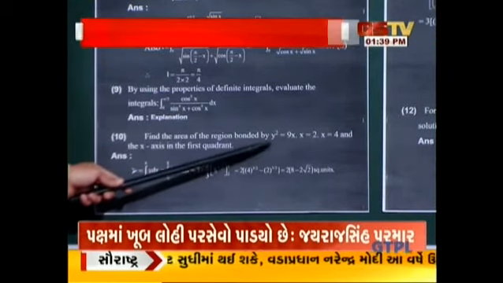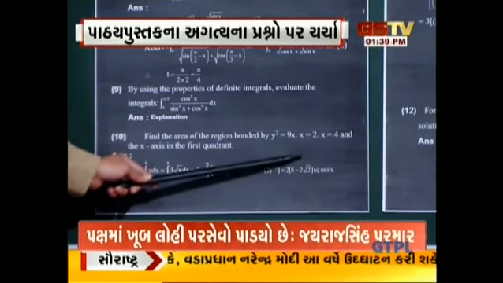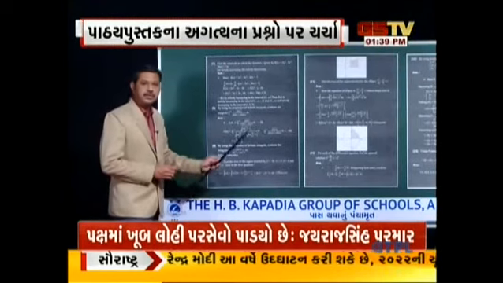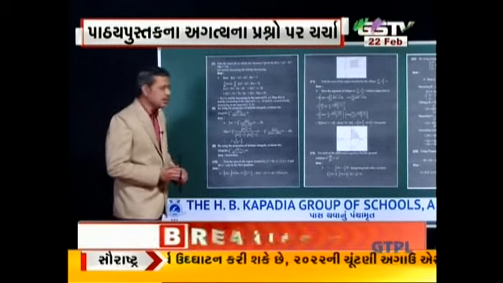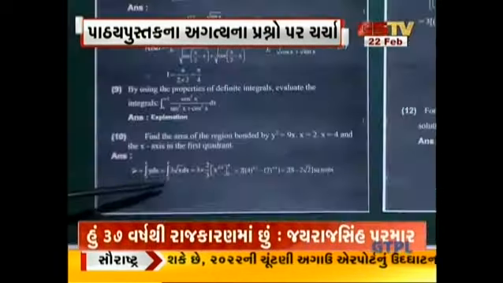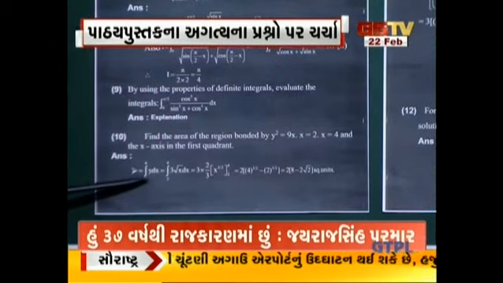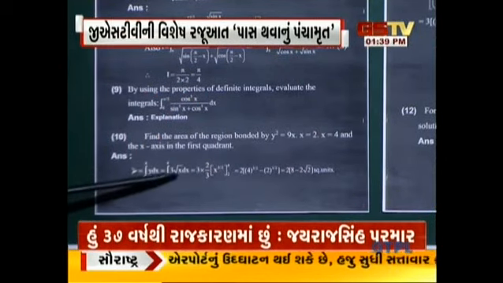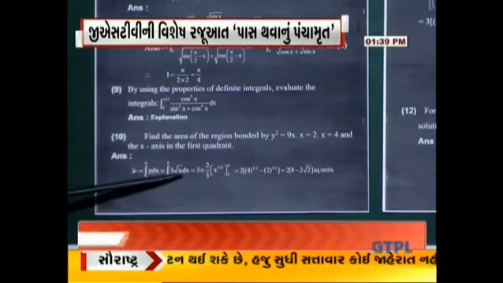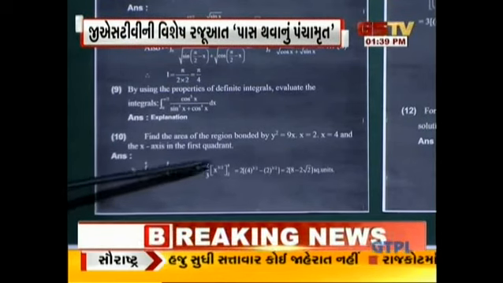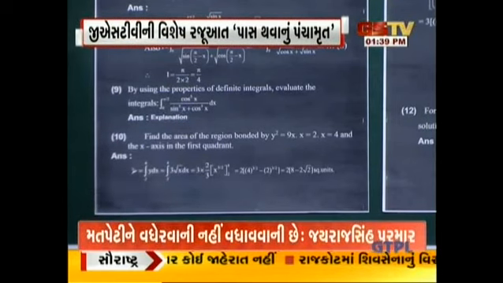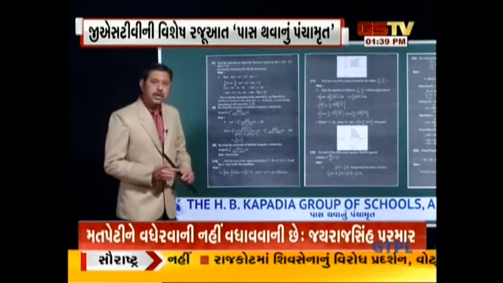And now, what is y? y square is equal to 9x, so y is equal to 3 root of x. By applying the formula to find area, the given limit is from 2 to 4 y dx, so 3 root x dx. 3 into the integration of root x, which is x raised to 3 by 2 upon 3 by 2.